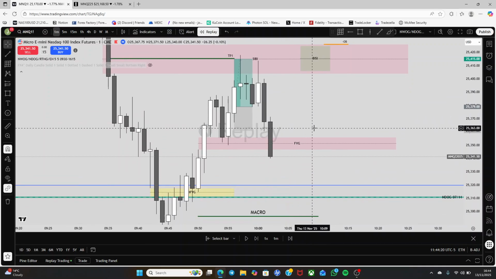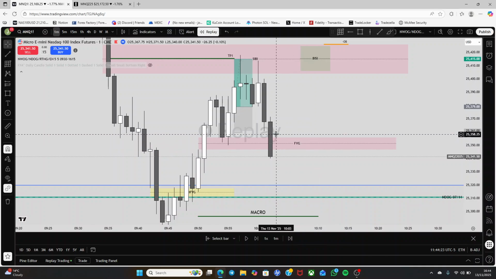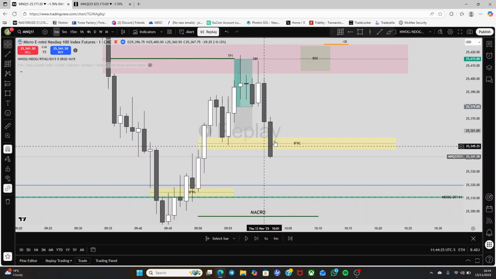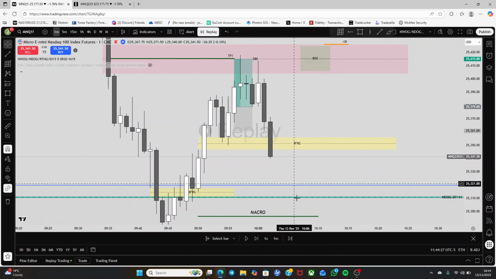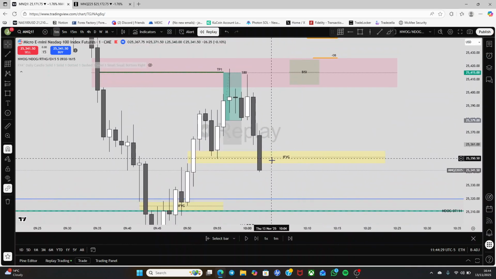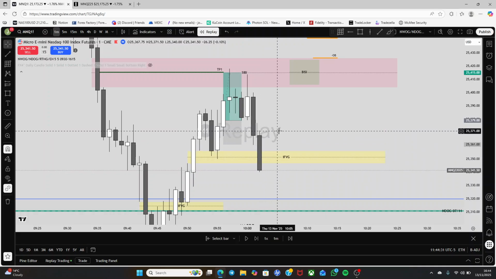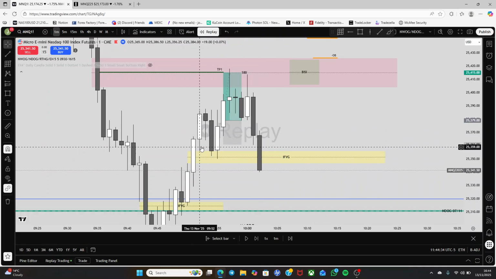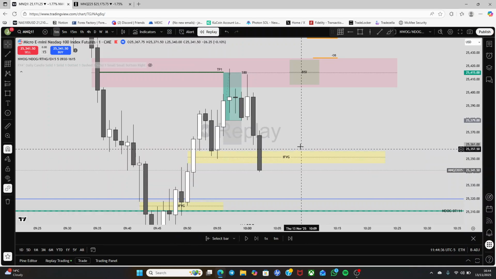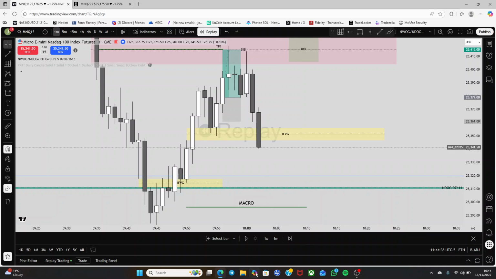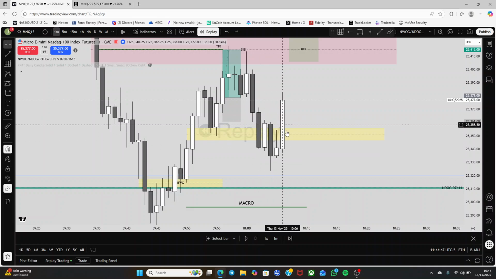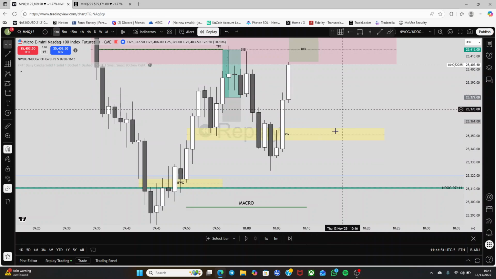So there's two possibilities of what could possibly happen next: we close below it, can retap this and move lower, or push past it, reclaim this as a bullish fair value gap to push price higher. Still flitting about. Right, then we see displacement.